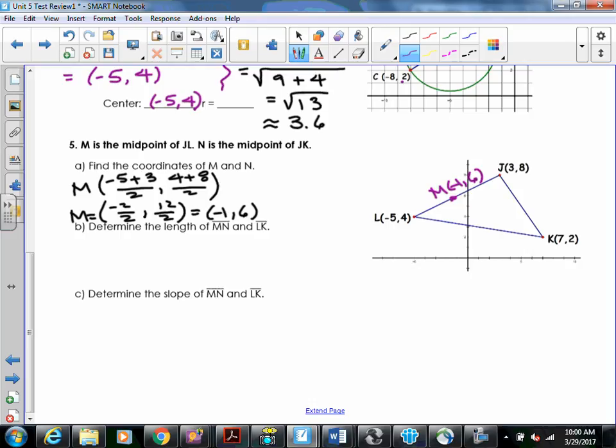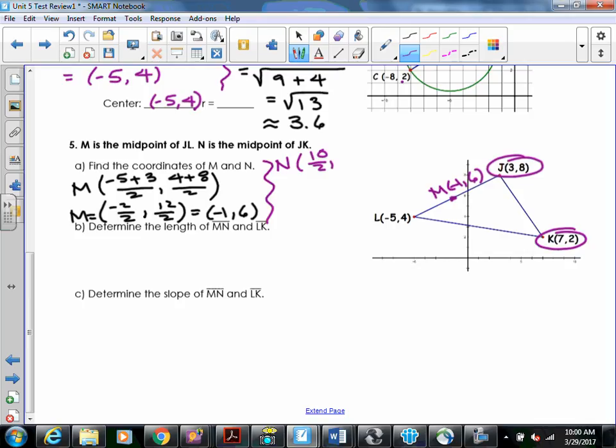All right, then you have to do the same thing for N. So for N, to get N, you're going to use JK. So you're using this over here. Add your x's. 3 plus 7 is 10 divided by 2.